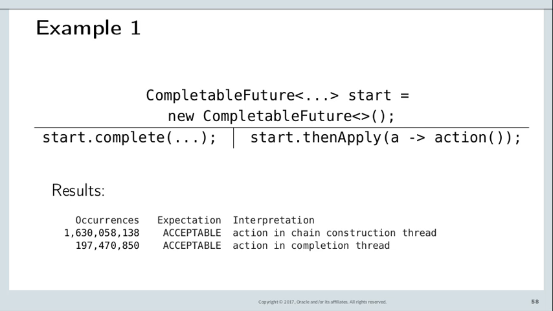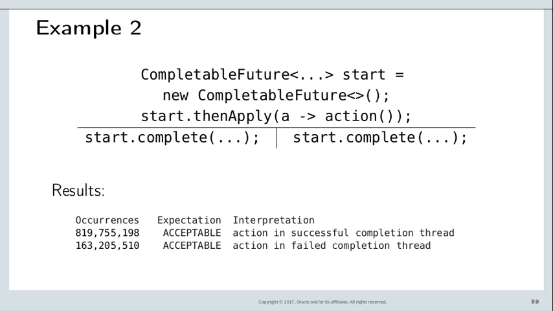In this example, I have a completion thread and a construction thread, and I could see that my action could be performed from both threads. Of course, there is some imbalance between 1.5 billion and 200 million actions, but if I change the timing of that action, I could get completely different numbers.